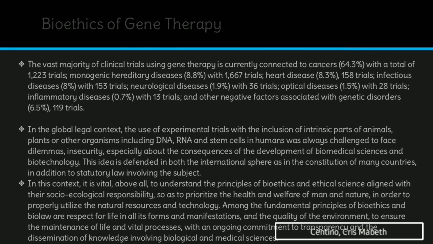So, to prioritize the health and welfare of man and nature in order to properly utilize the natural resources and technology. Among the fundamental principles, bioethics and maintenance life and vital processes with an ongoing commitment to transparency and the dissemination of knowledge involving biological and medical sciences.